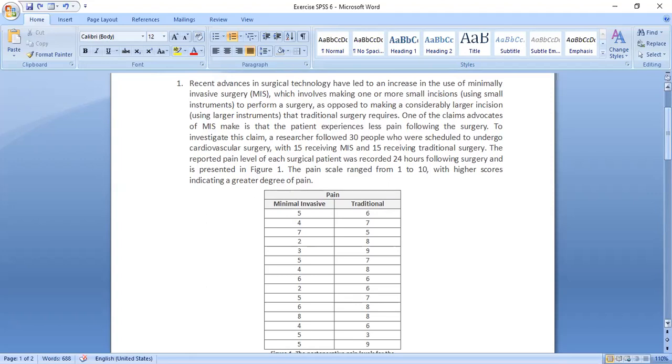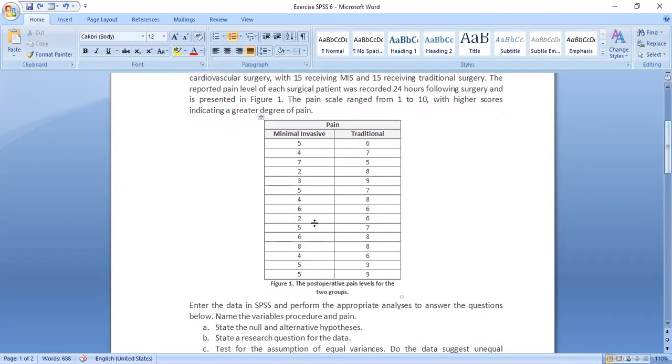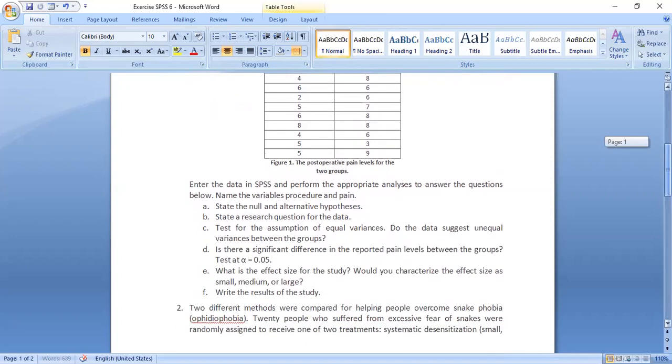So the pain is given for both patients who are having minimal surgery performed and traditional surgery performed. So we have got the pain level, and also the surgery which is being mentioned simultaneously. Now if you look at the questions we have to do. First of all, we have to enter this data in the SPSS file, in the data view, and then write the name of the variables in the variable view with label and the measure.